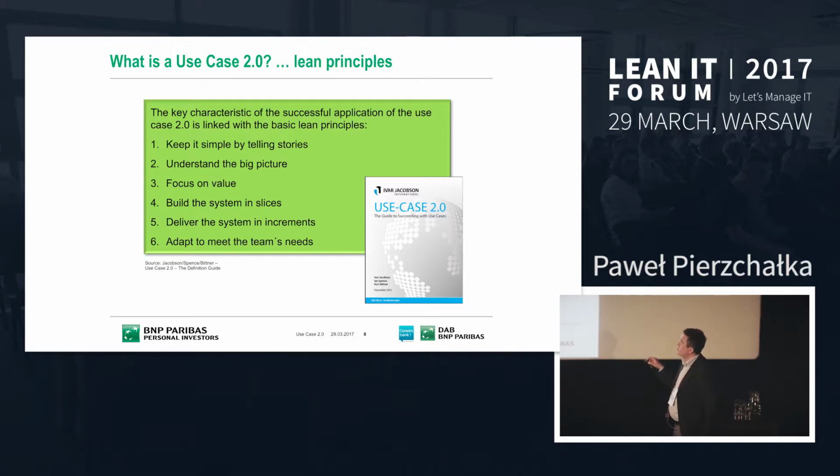The key principles are very lean and very agile. The first one is keep it simple by telling stories, understand the big picture, focus on customer value, build the system in small slices, deliver the system in increments, and adapt to meet the team needs.